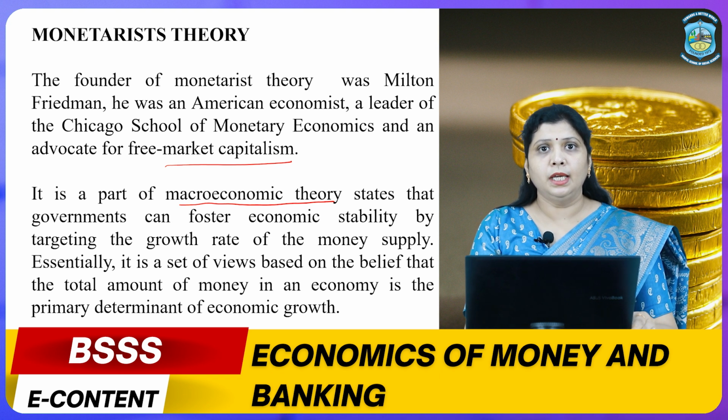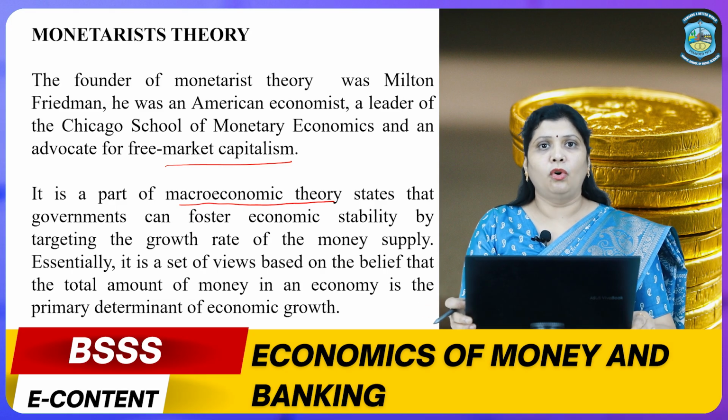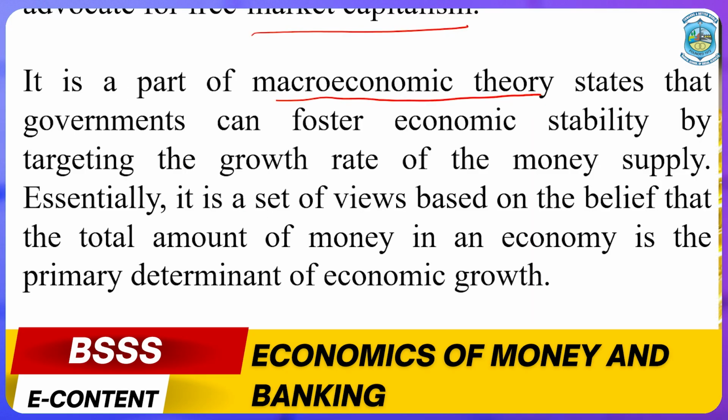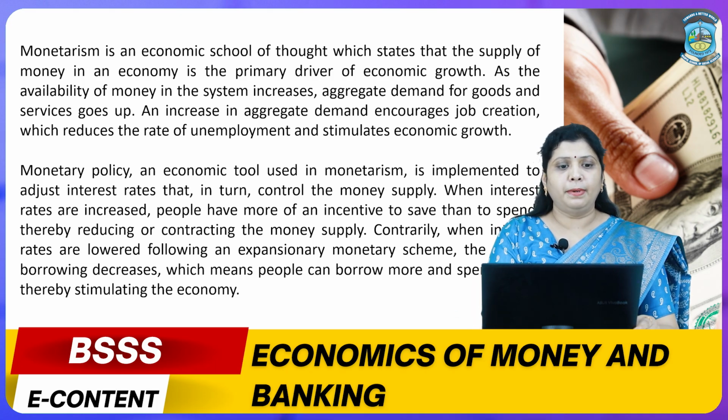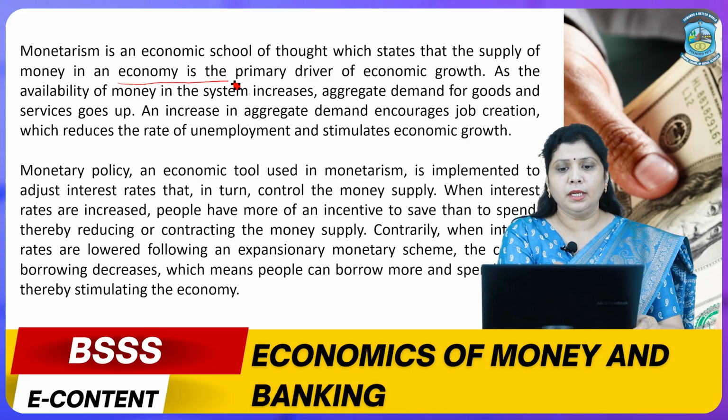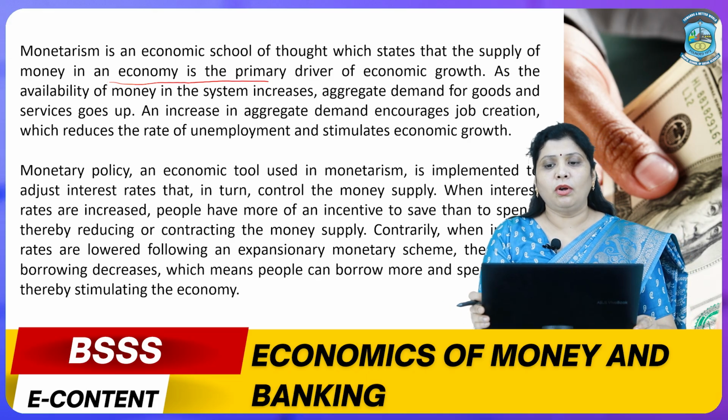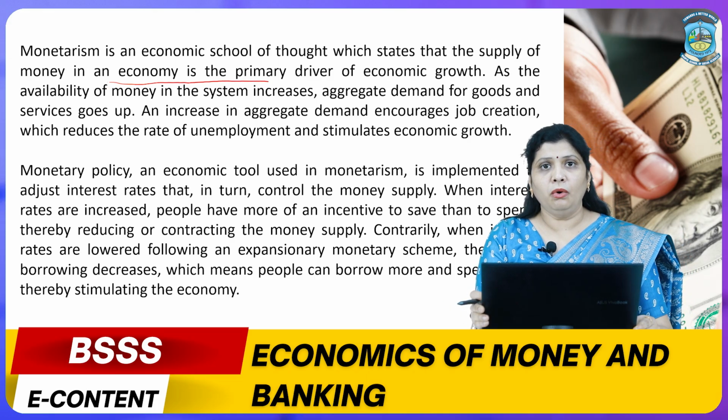Under this theory, they want to increase the money supply evenly, so they get economic growth. Monetarism is an economic school of thought which states that the supply of money in an economy is the primary driver of economic growth. How?